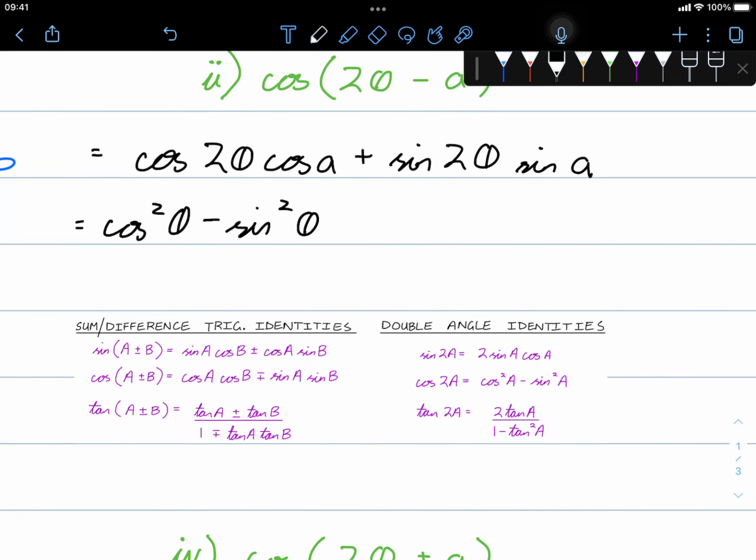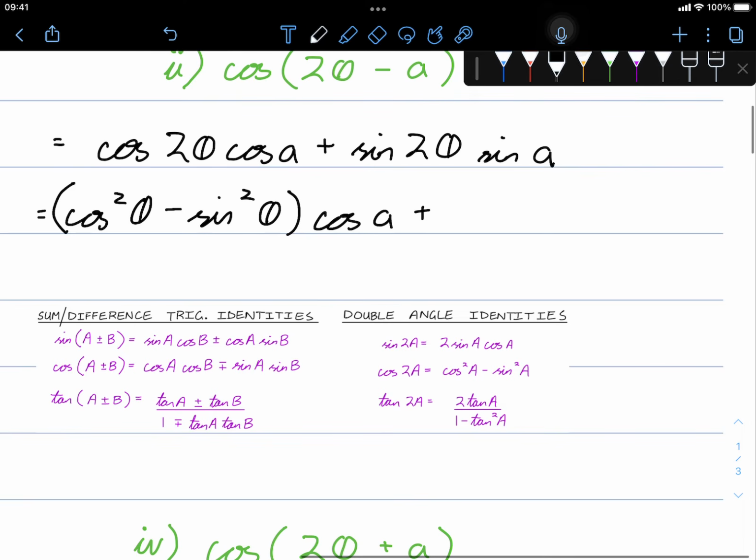Since we have the cos A still there, we're going to multiply that by cos A. Likewise, sine 2 theta, that's this identity here. So this is going to be plus 2 sine theta cos theta outside of sine A.